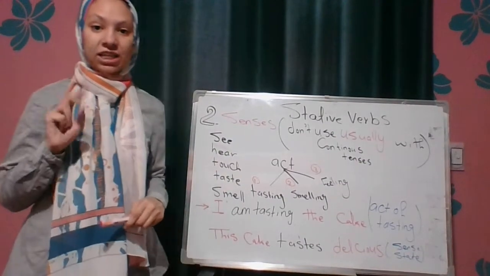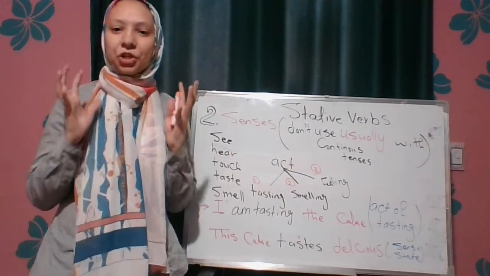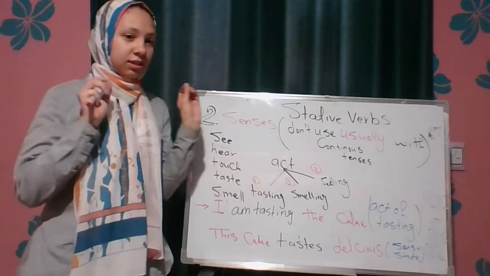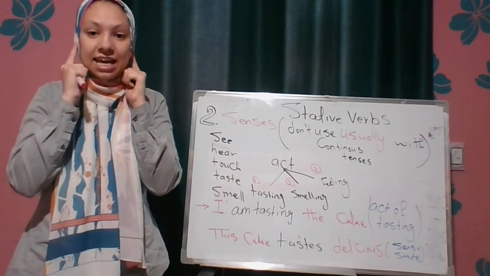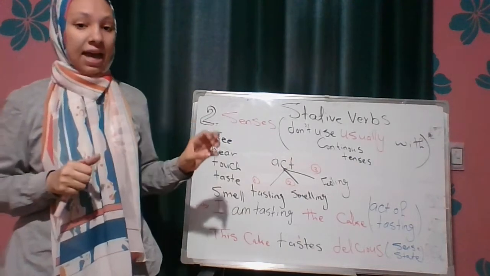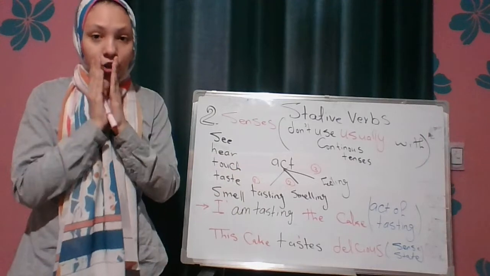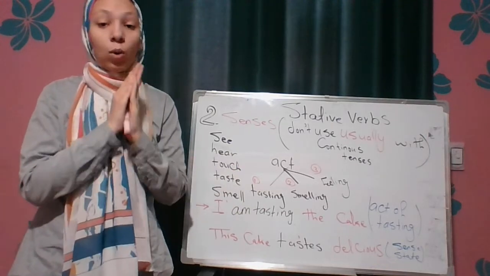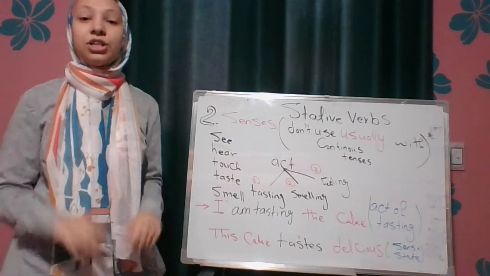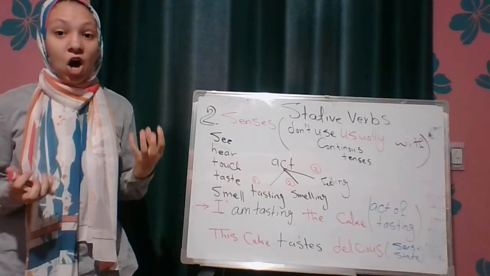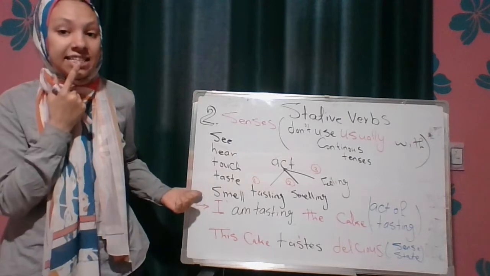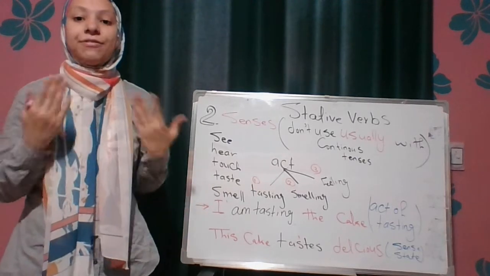So let's take the second group of the stative verbs: the senses, like see, hear, touch, taste, and smell. Those verbs usually don't come with the continuous tenses. Notice that I said usually, because they can also be used for an act of tasting, smelling, or feeling.